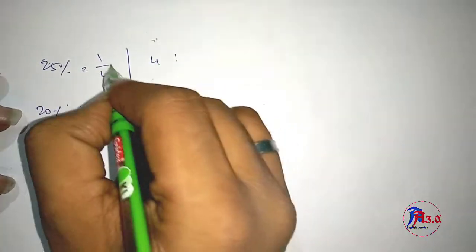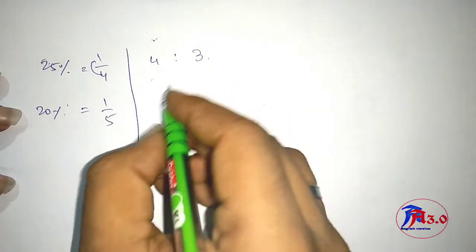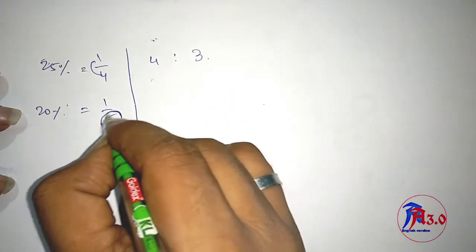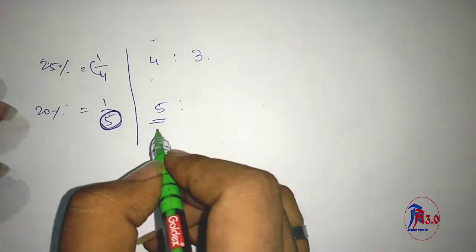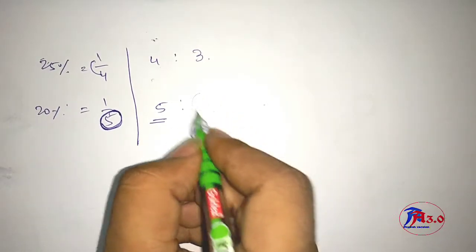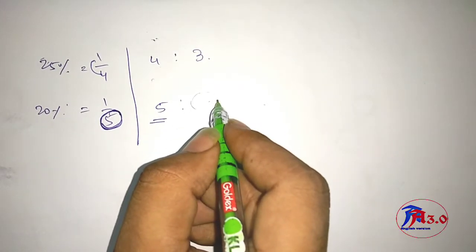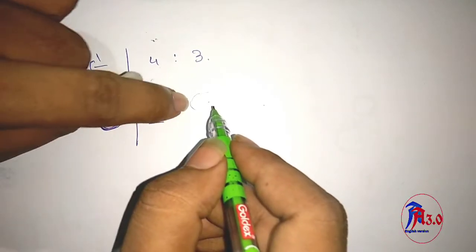So here she spent 1 unit from 4, it becomes 3. Overall the remaining salary is 5, isn't it? But what condition is asked here, savings, expenditure, or what, you have to tackle with this condition.